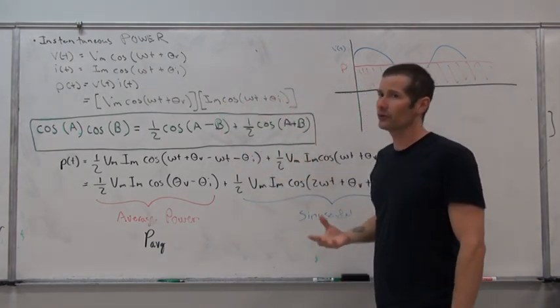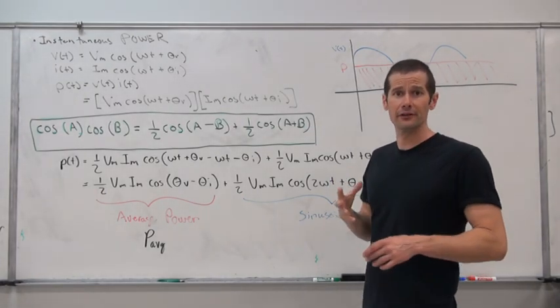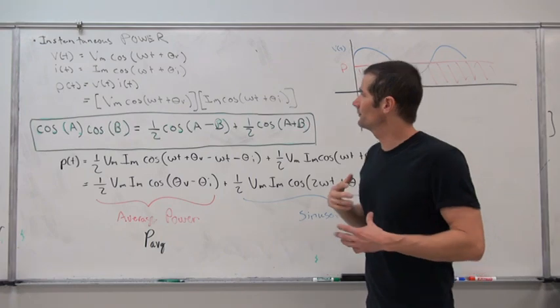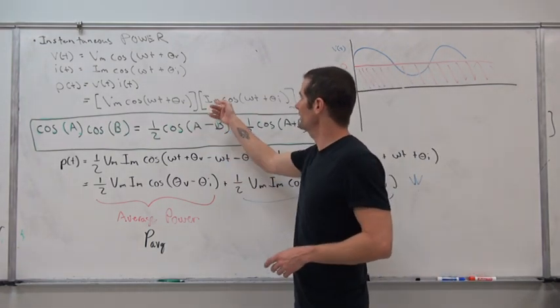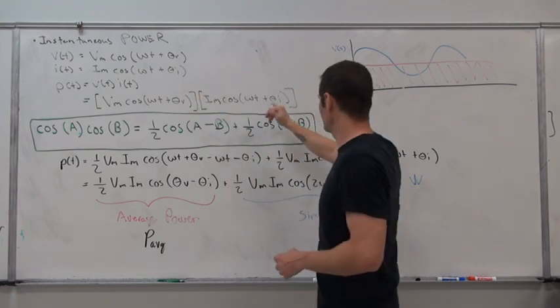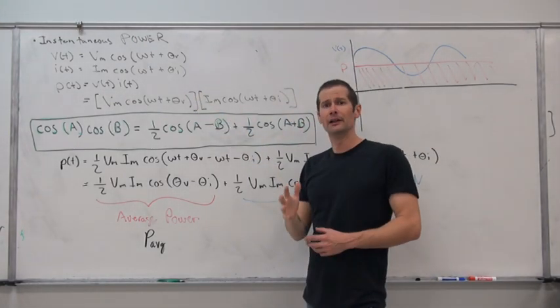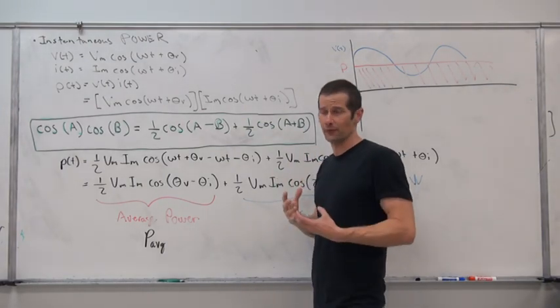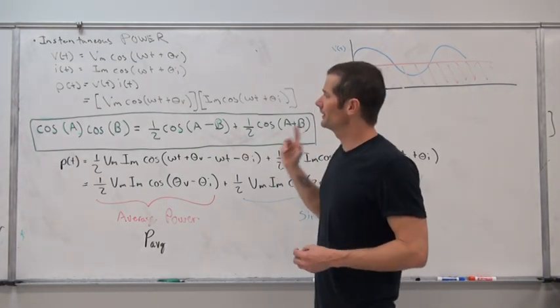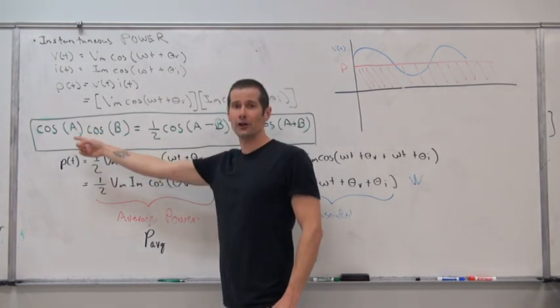Now, if we go back to the idea of multiplying sinusoids together, it's not as straightforward as just saying Vm times Im and then cosine omega t plus theta v and doing something with theta I over here. We actually have to apply a cosine identity for this, because we take two cosines with two differing arguments.